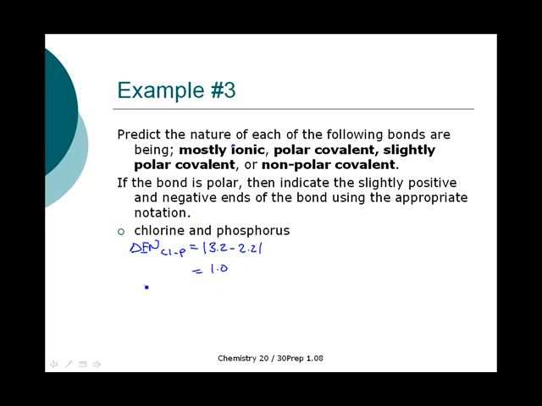It's between 0.5 and 1.7, so it's polar covalent. And so to represent the polarity, we can put a phosphorus, a chlorine. Chlorine's more electronegative, so we'll go like that.